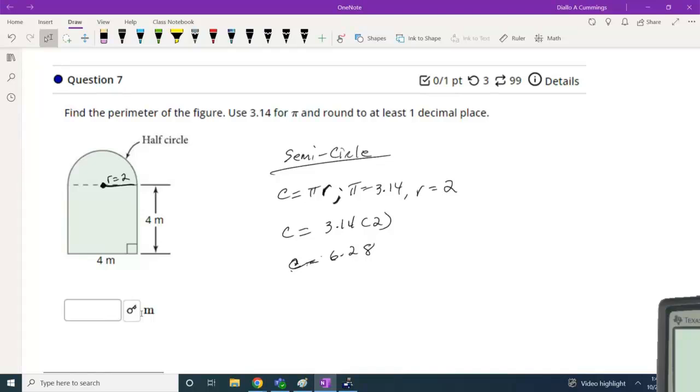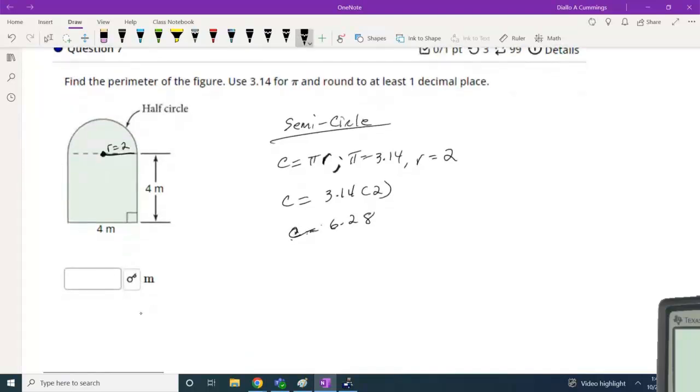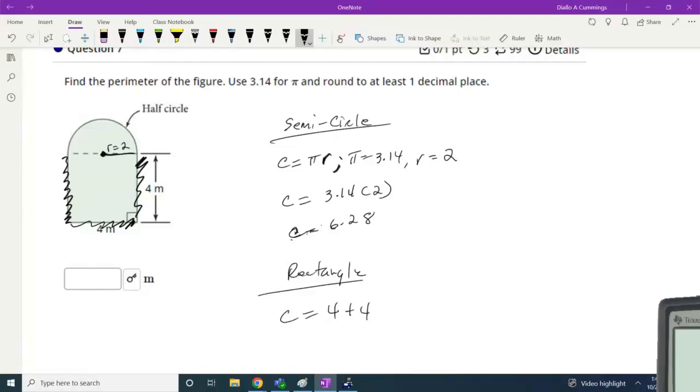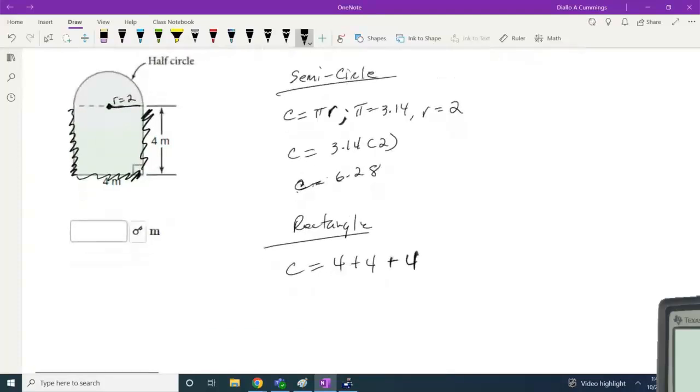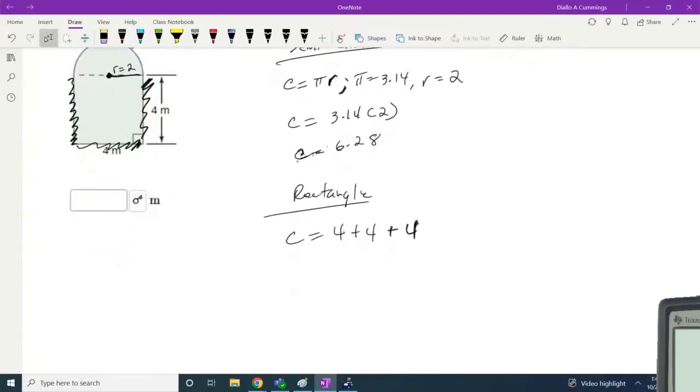I'm only going to use this side, which is 4. I'm going to use this side, which is 4. And I'm going to use this side, which is 4. All right, so 4 plus 4 plus 4 is 12.